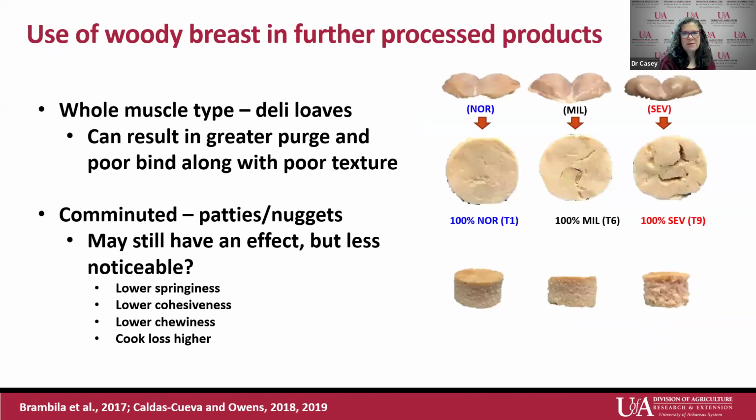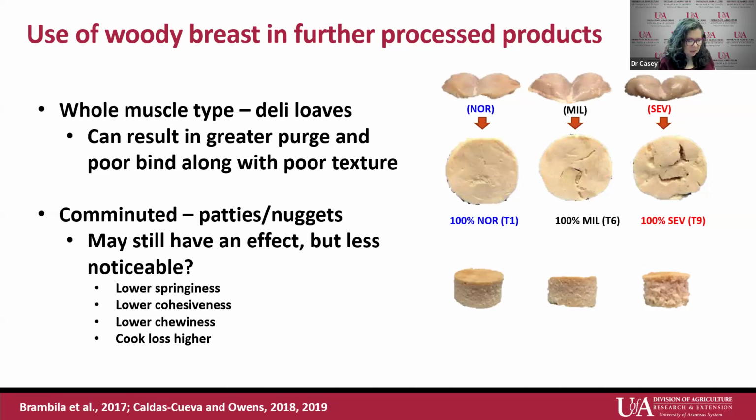Now, we've used woody breast in further processed products. That crunchiness, if you're eating a whole muscle product, can be very apparent. But what if we divert that product, the most severe product, and put it into other further processed items? We've done some studies to look at this. While we do see some impacts of incorporating severe woody breast into products like a deli loaf or a patty, the effects are not nearly as great as if you were eating just that whole muscle product.